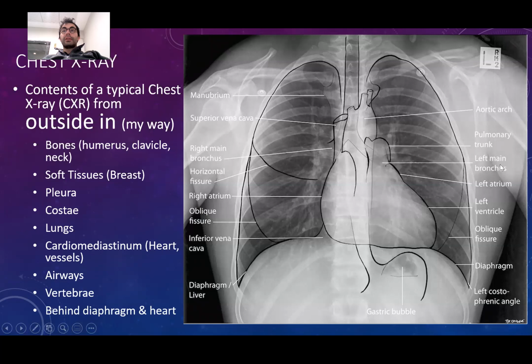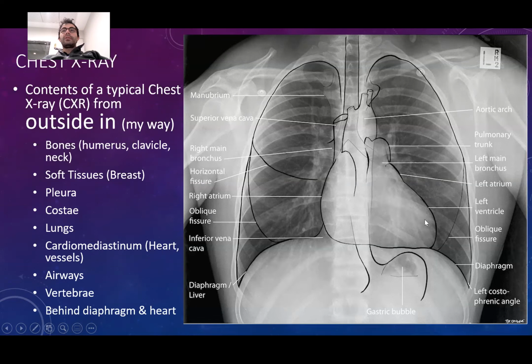I look at the axillas. I look at the breast, if I can see any abnormality. Then I start going in. I look at the costophrenic angles, and then I start following the pleural linings, to see if I can find anything. I look at the ribs, area by area, and then I evaluate the lungs. Never forget the apex, and then I look behind the heart and behind the diaphragm. Sometimes I leave it to the end.